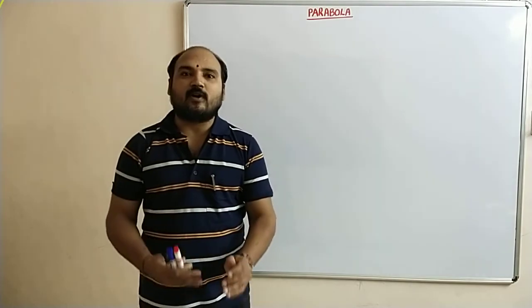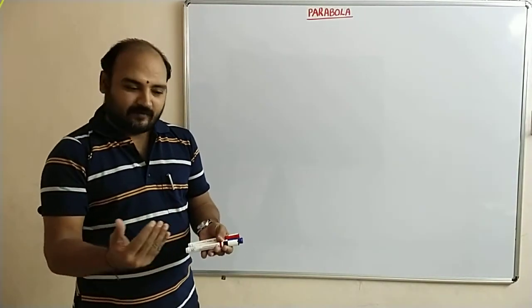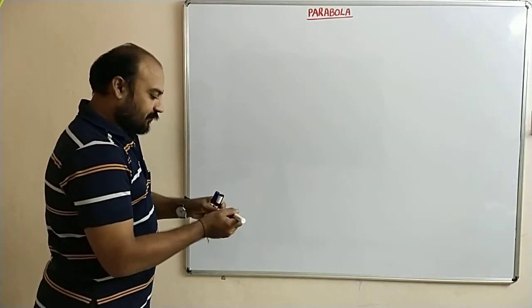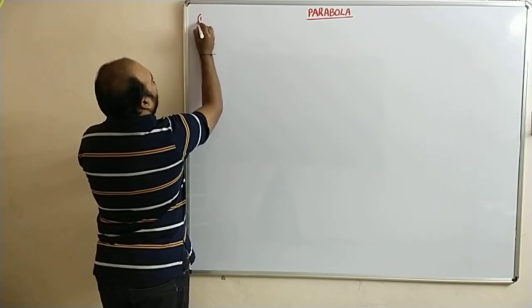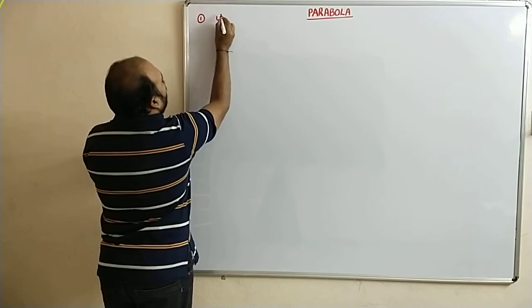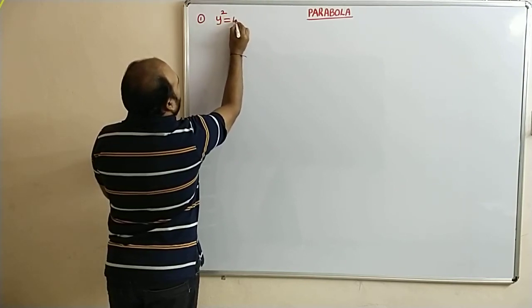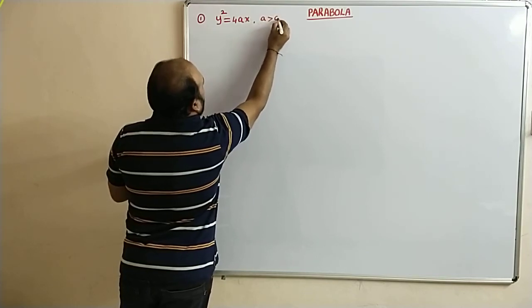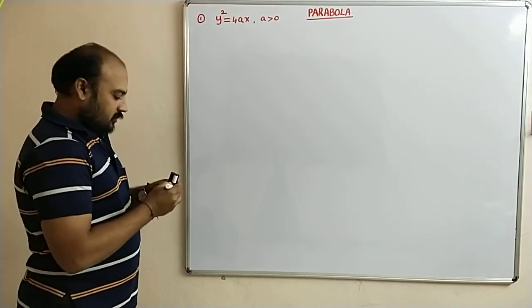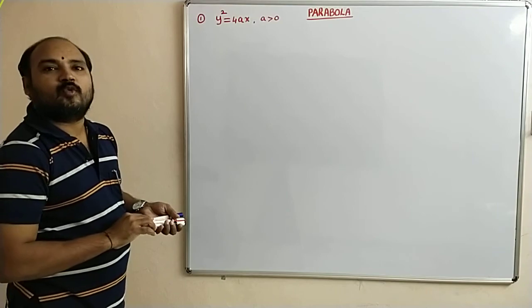Now, the various forms of parabolas, one by one we have to discuss. The first one, y square equal to 4ax. The figure for this y square equal to 4ax is shown.